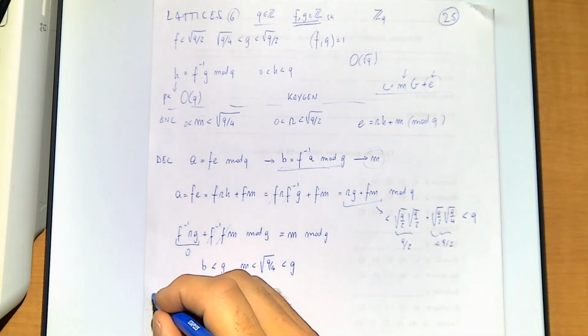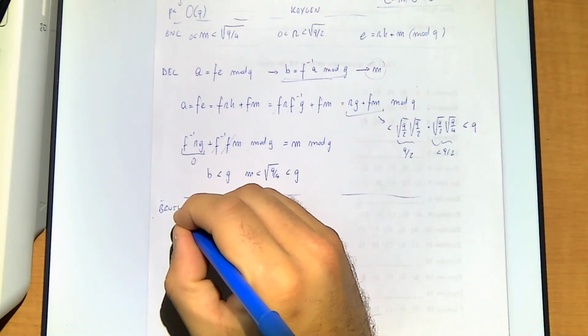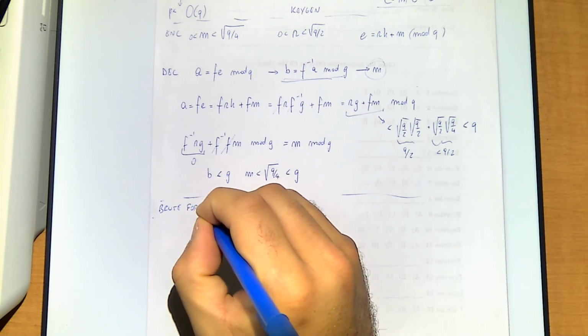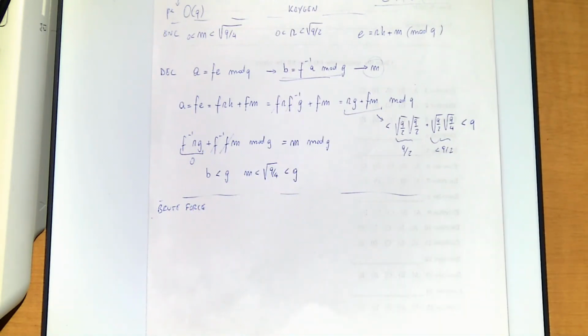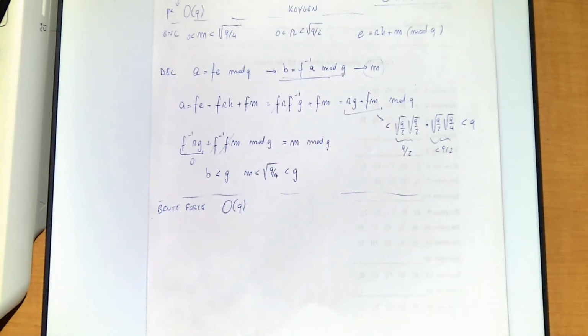So if you tried brute force, for example, over all the possible plain text or all the possible private keys, then this is obviously an O(Q) sort of endeavor. So if Q is big enough, this is not feasible, of course. And you should always start from the basics, so let's make sure that at least Q is big enough that you cannot perform a brute force search.